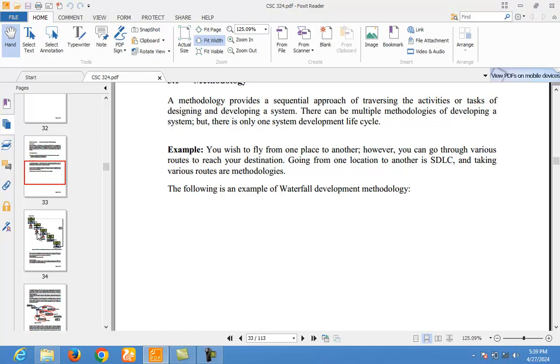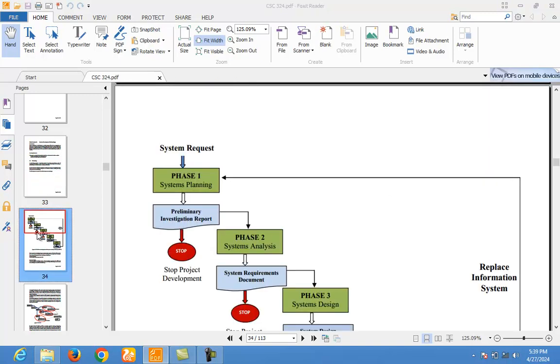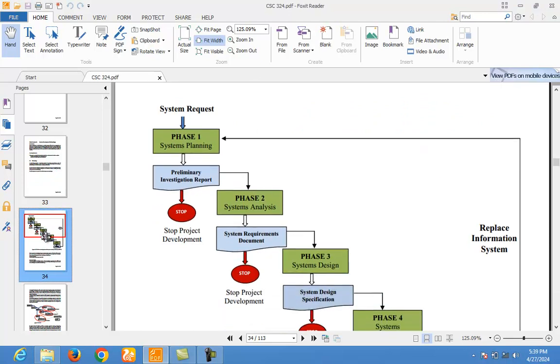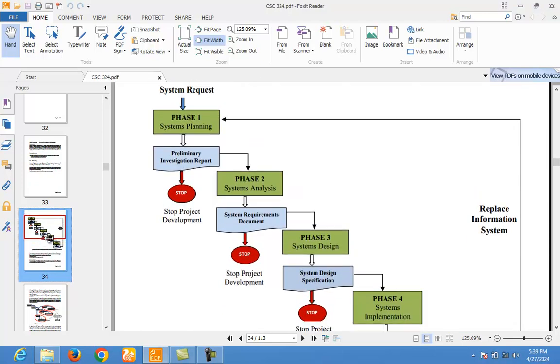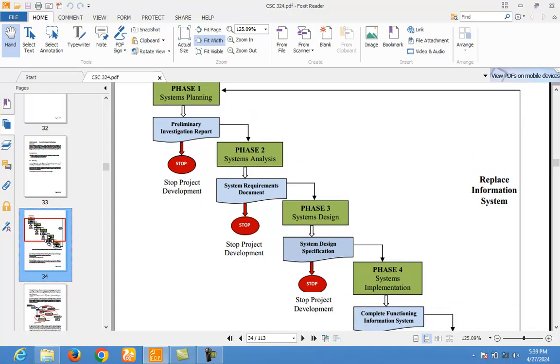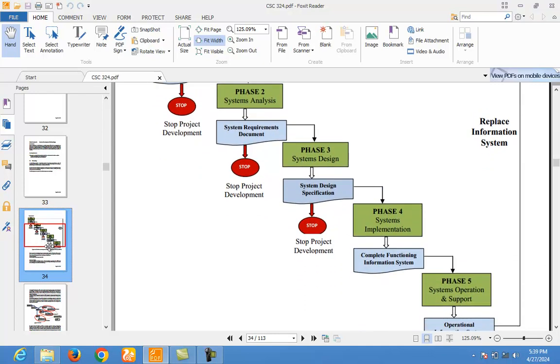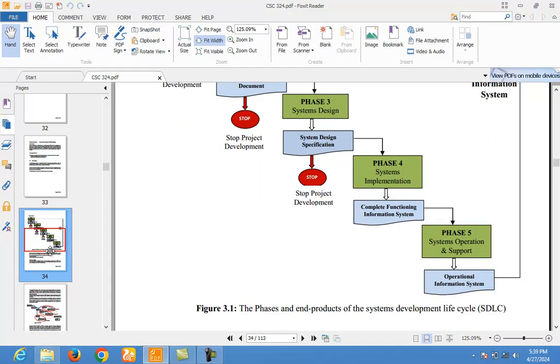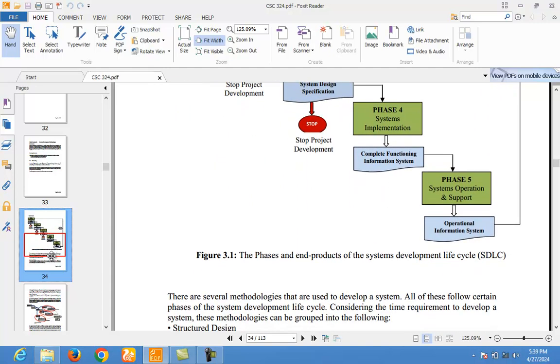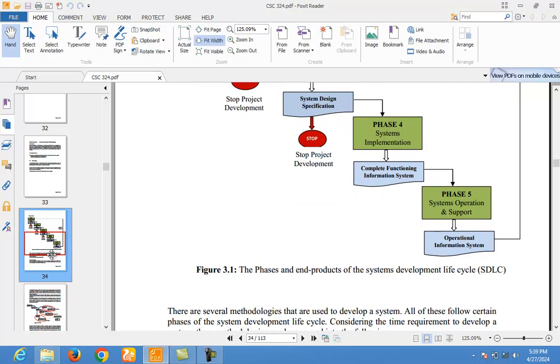So now, if you look at waterfall, this is what it looks like. You can see the diagram. Phase 1 is system planning. Phase 2, system analysis. Phase 3, system design. Phase 4, system implementation. And phase 5 is the system operation and support.